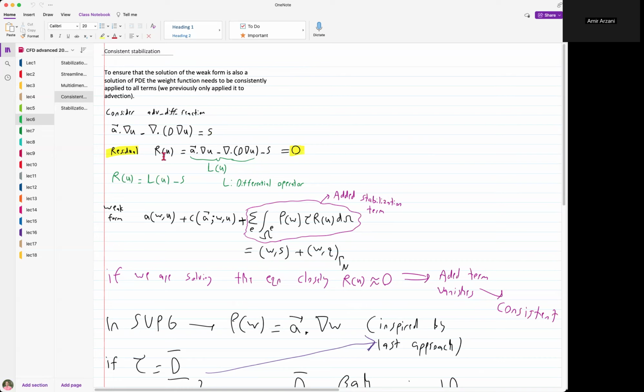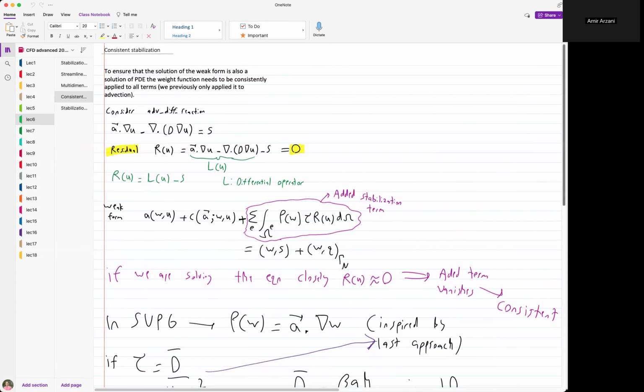Now I can define the residual of this equation, okay? If I bring all the terms to one side, I know that this has to be equal to 0, right? This is the residual of the strong form of my PDE. So the residual in this case is this differential operator, L, which is basically the advection and diffusion operator, minus my known source term, S.